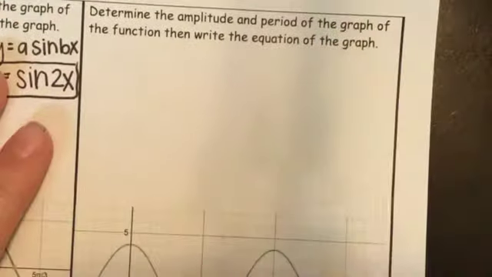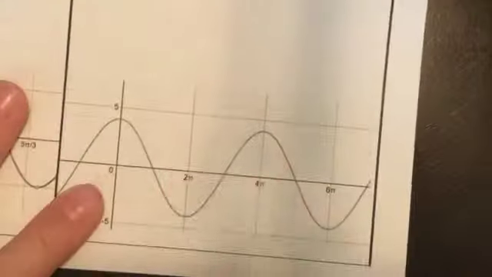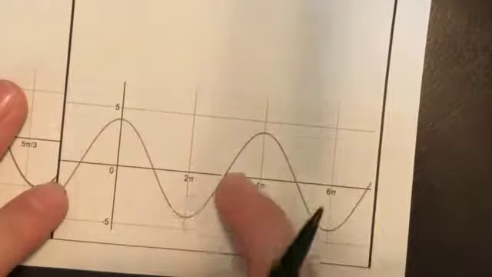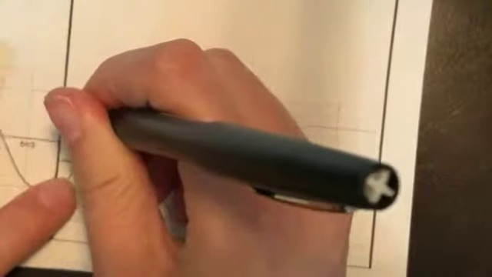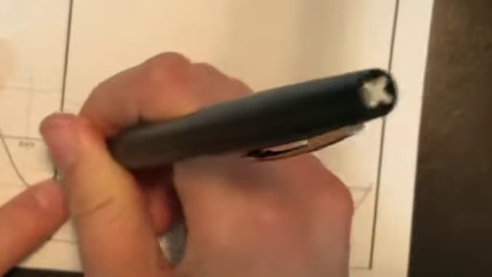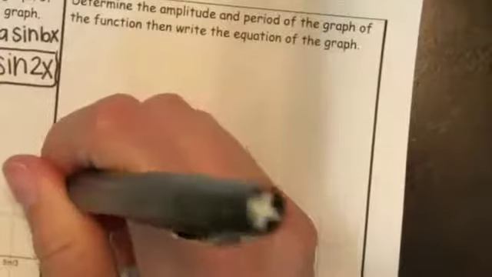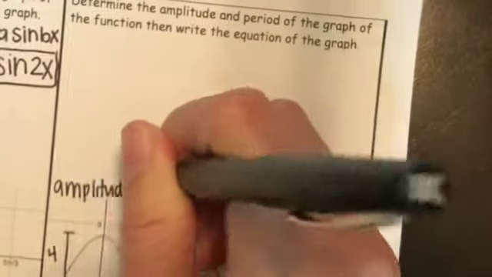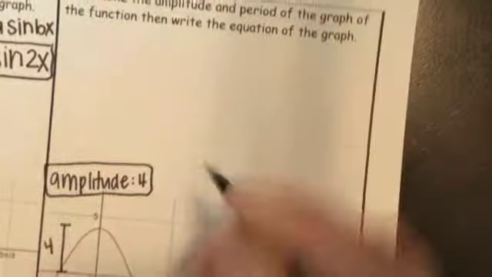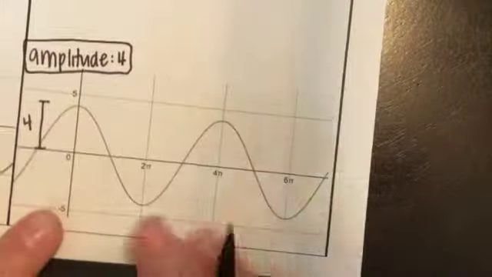Okay, so again, we're determining amplitude and period. I'm going to see that my graph bounces back equally across this 0 here. So this is my amplitude. My amplitude is 4, so I can write that here. And then I'm going to determine the period.